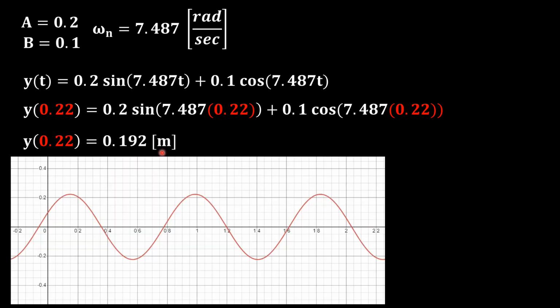Okay. So if you took this function right here and you graphed it, that's what you will get in here. So now let's take a look at this graph that represents the movement of the block.